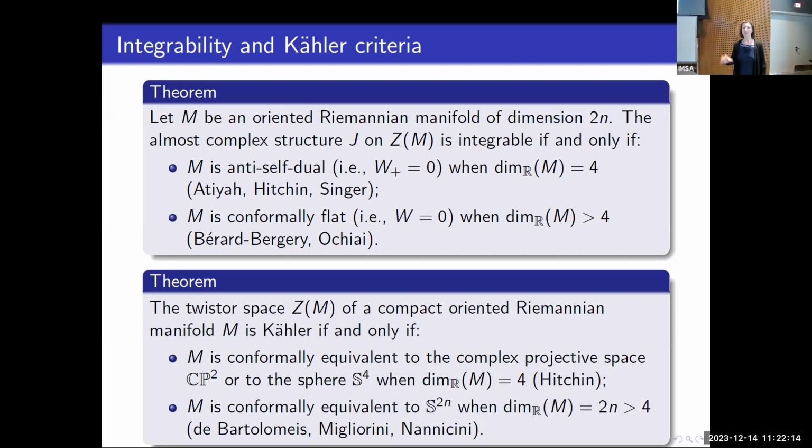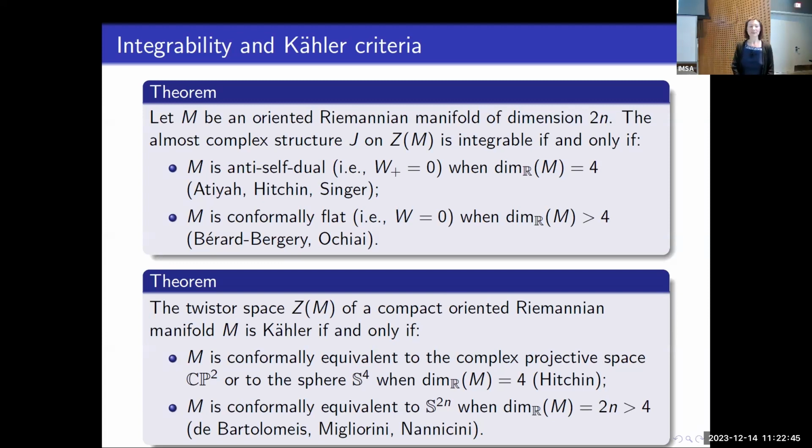So the self-dual part vanishes. And in higher dimensions, the Twistor almost complex structure is integrable if and only if M is conformally flat. So it doesn't happen often, but it does happen that the almost complex structure is integrable.